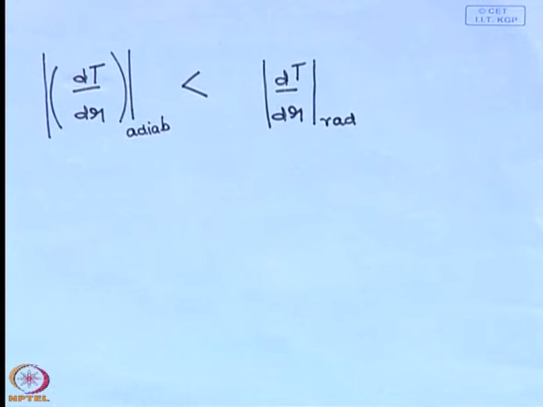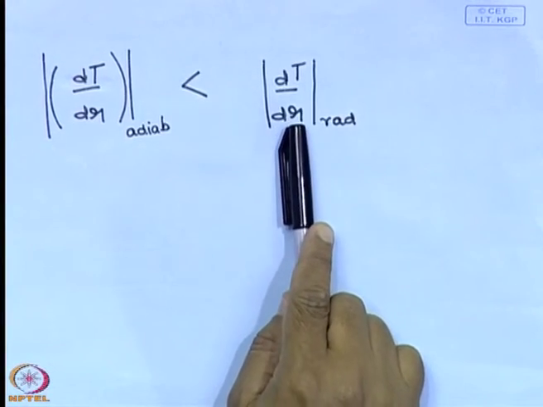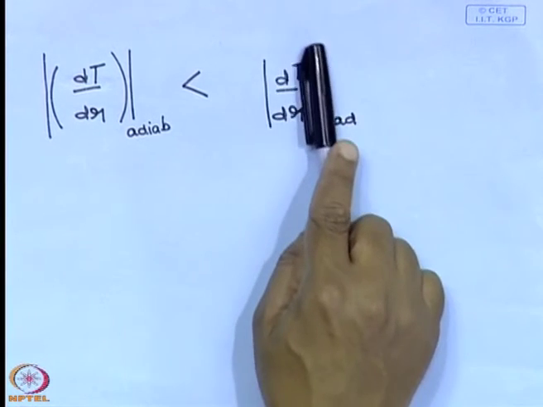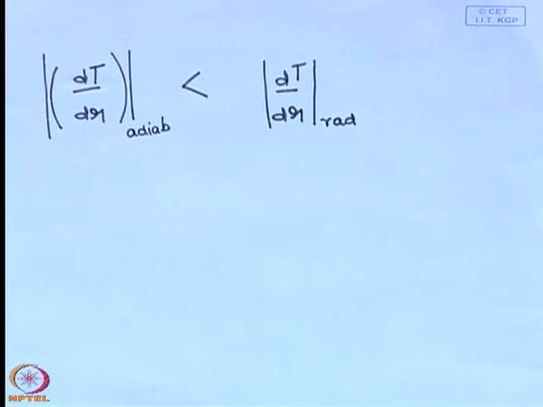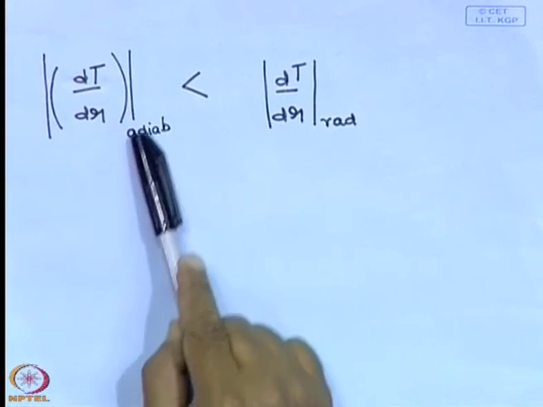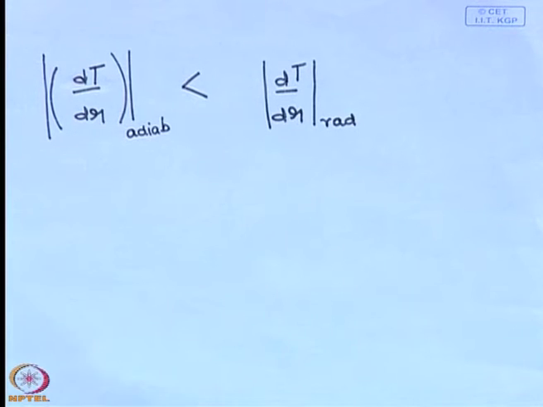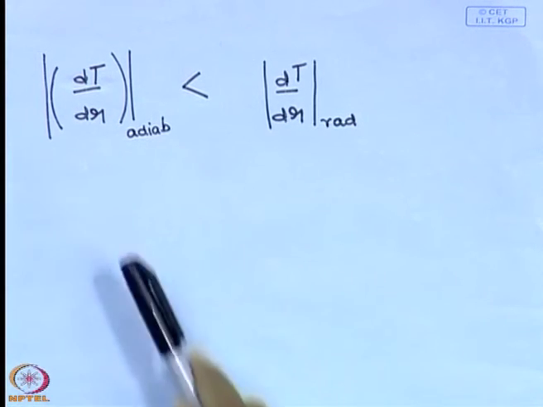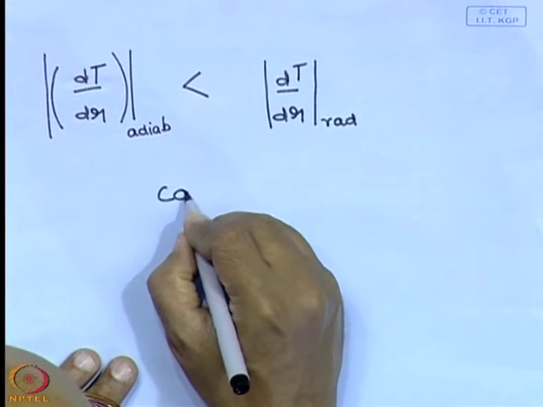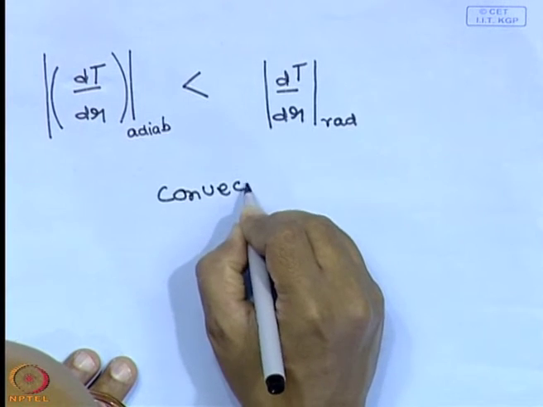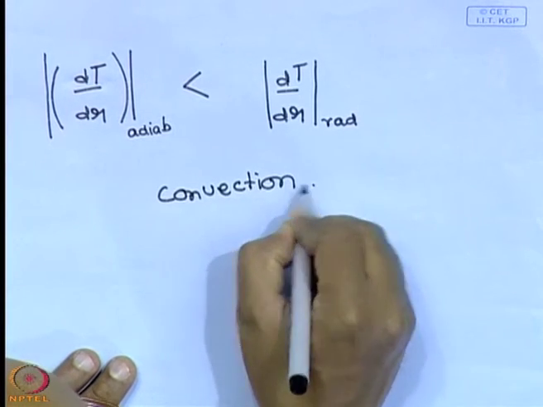The magnitude of the temperature gradient due to radiative energy transport should exceed the magnitude of the temperature gradient due to adiabatic expansion. Okay. And if this condition is satisfied, then convection will start. Then you will have convection.